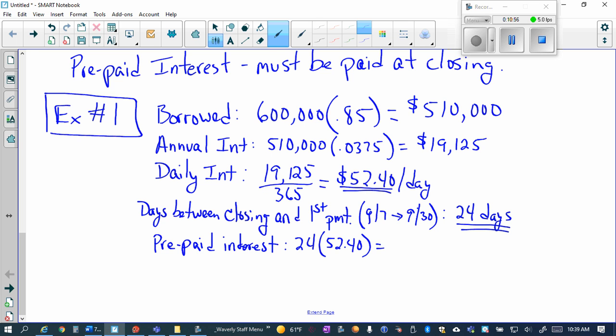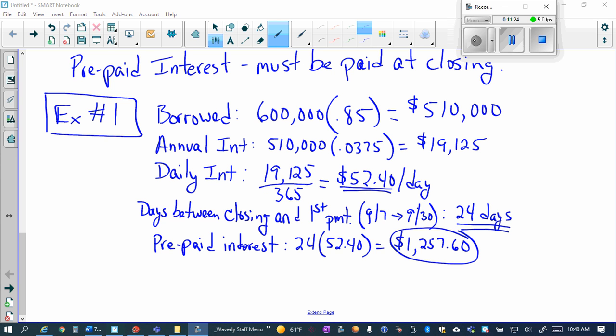And you will need to pay as one of your fees at closing $1,257.60. Okay. In addition to all the other fees, that's something you need to bring to closing with you.